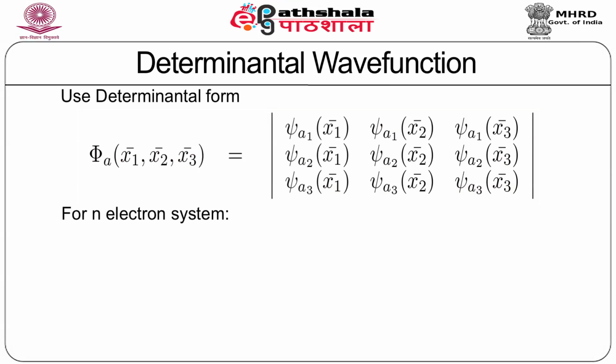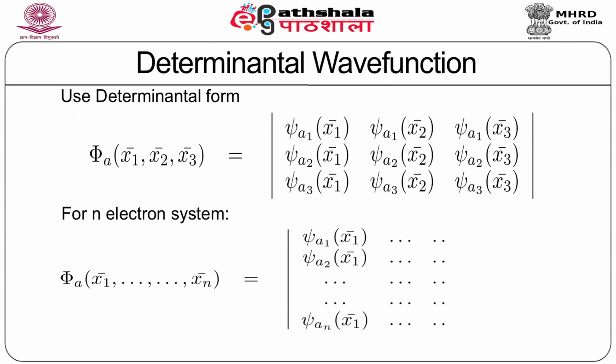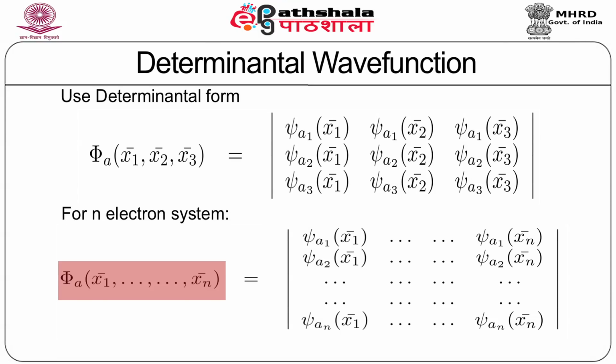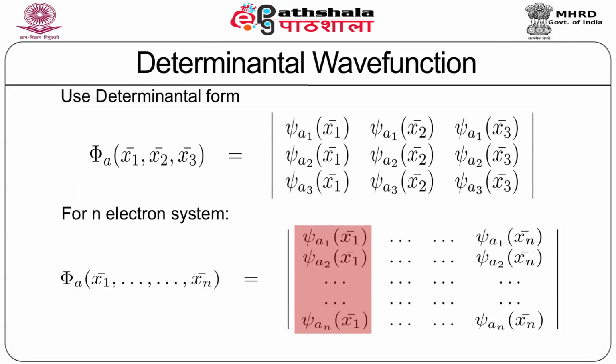For a general n-electron system, one can write this determinant in a much more general form where the phi now depends on the coordinates of n electrons from x1 until xn, and the label A1 now goes until AN.